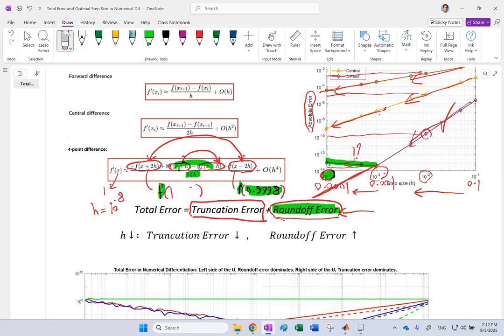Now, what are you comparing? Now, one of your numbers is like this, and the other one is like this. Six, 7, 8, something like that.